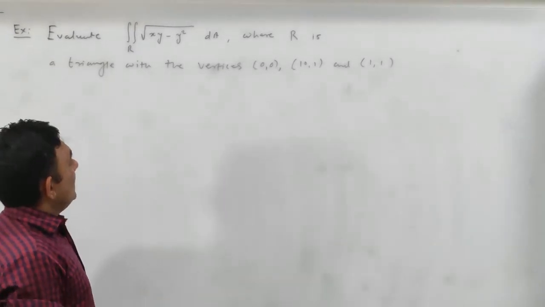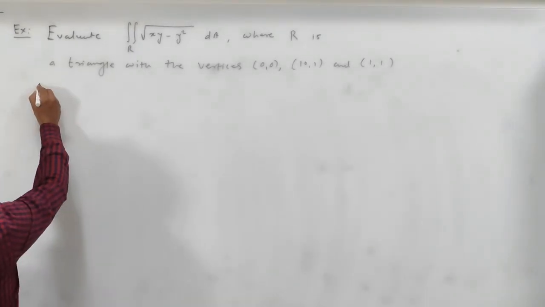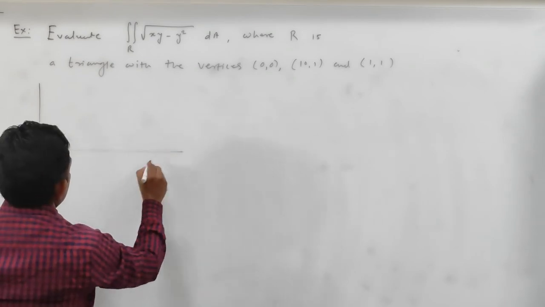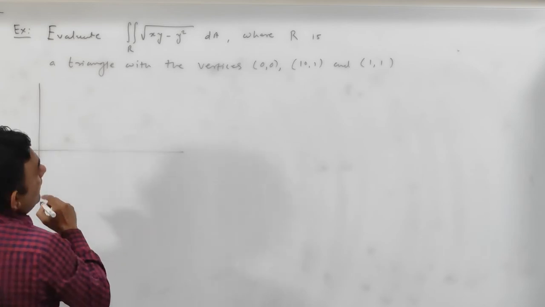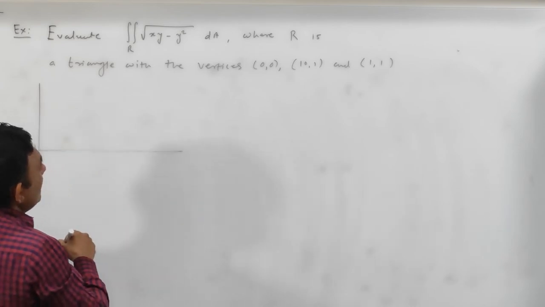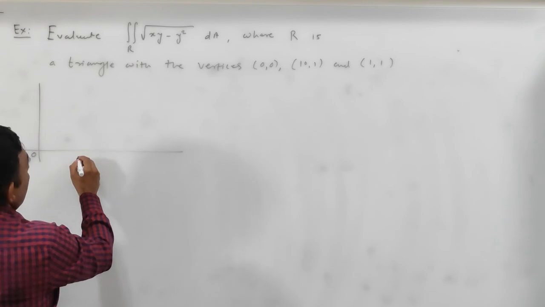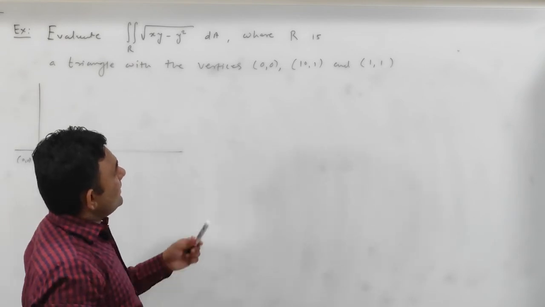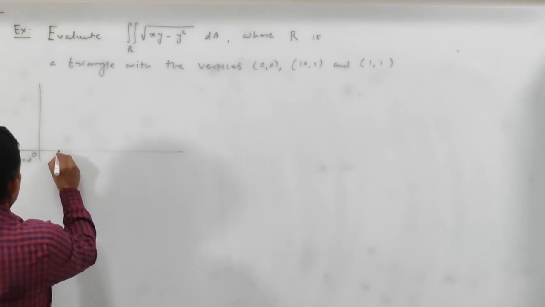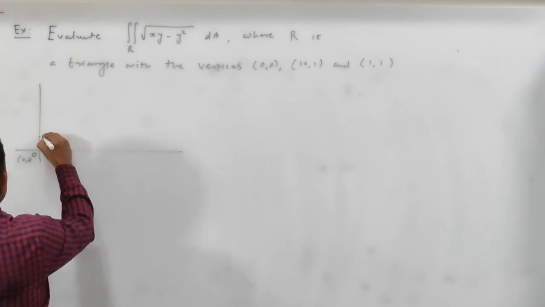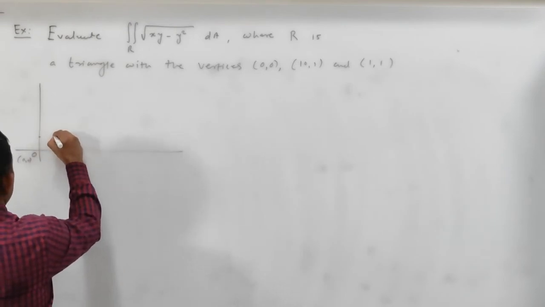So first of all, let us sketch the region. Let O be 0 comma 0, then 1 comma 1, and the point whose x coordinate is 10 and y coordinate is 1. So this point will be 1 comma 1.